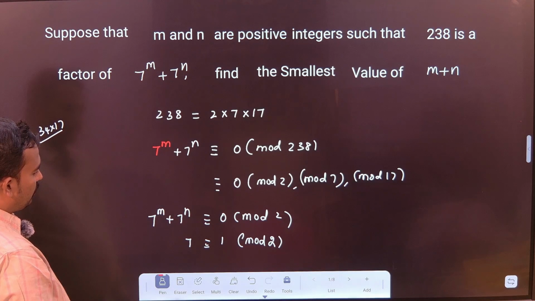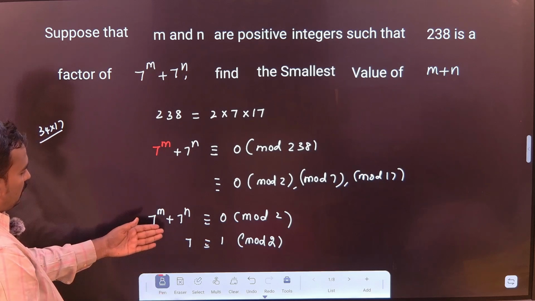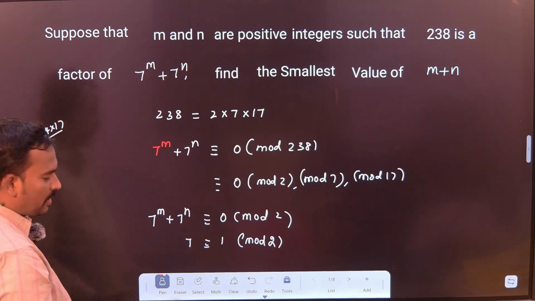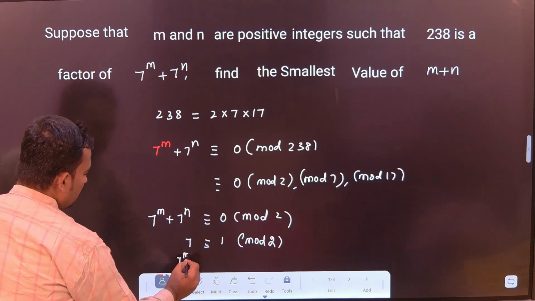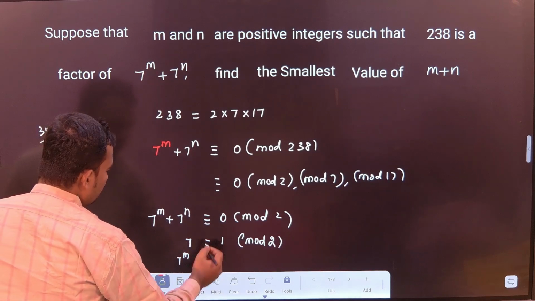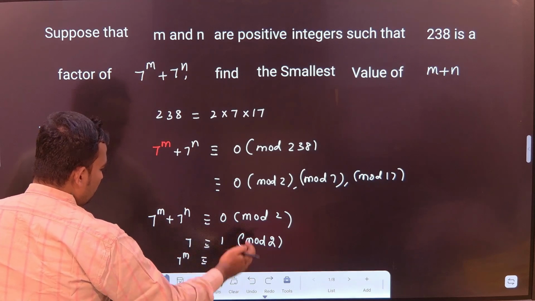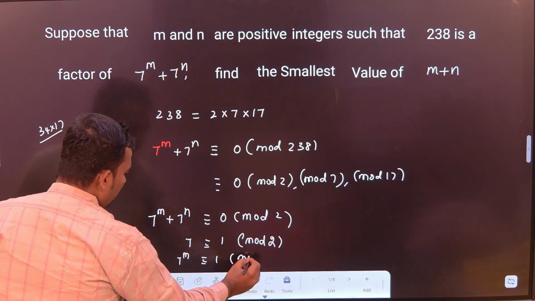So if you raise 7 to some power, you get 1 to that power, which will be 1 only, modulo 2.